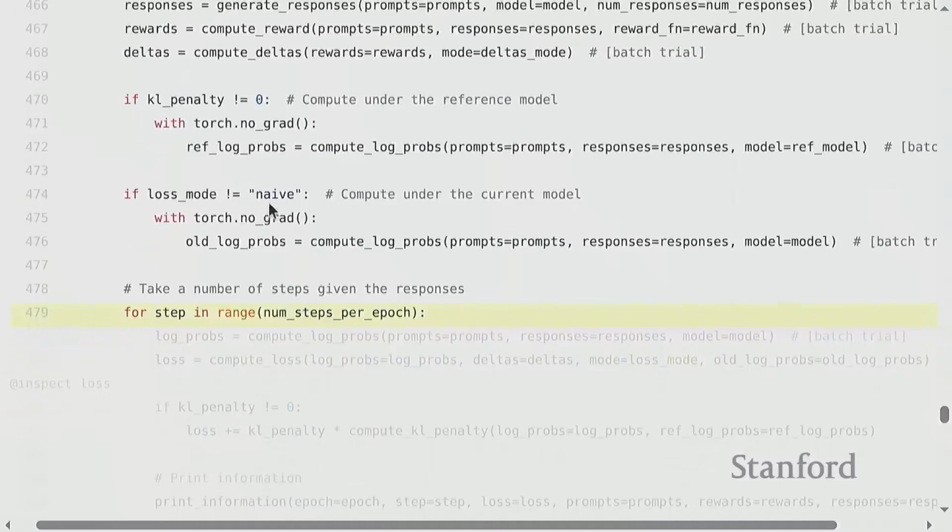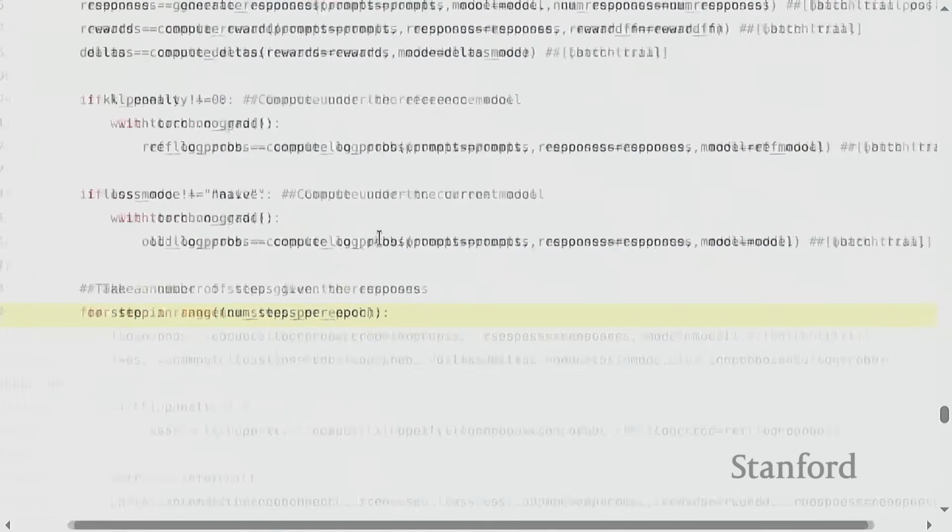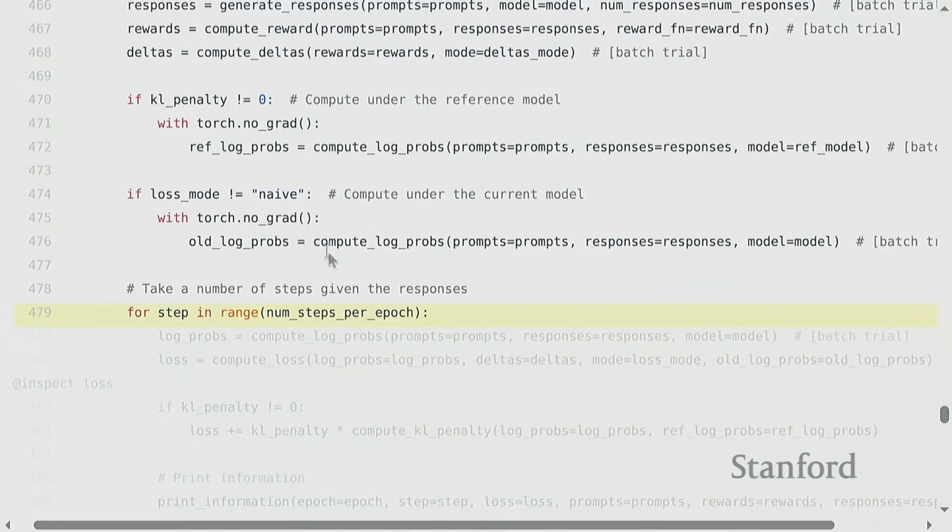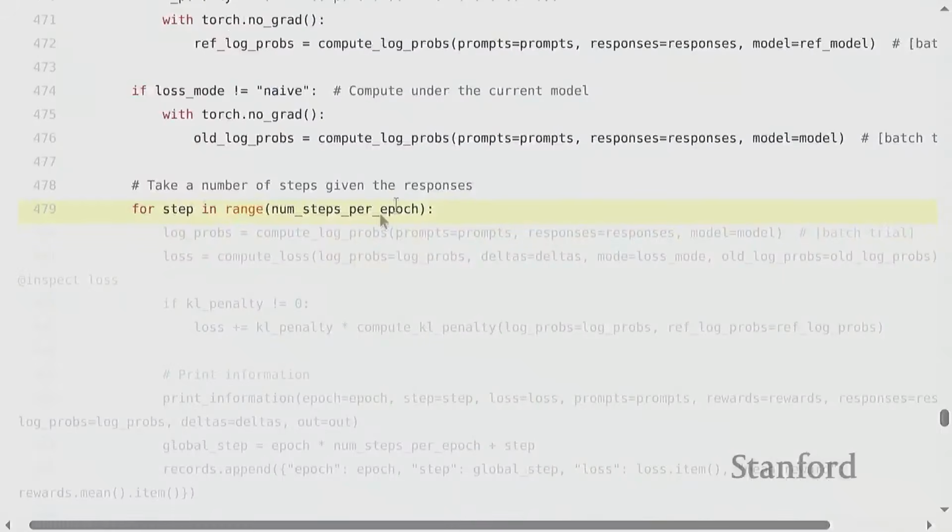If you're doing some sort of clipping, then you need to also compute the log probs under the old, the current model. And then you take a number of steps given the responses.